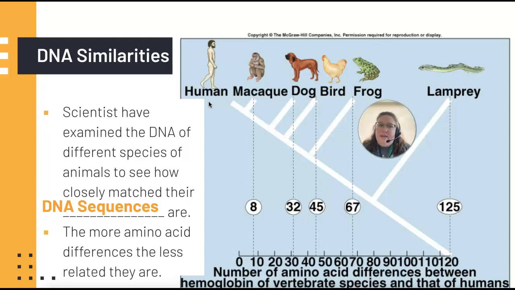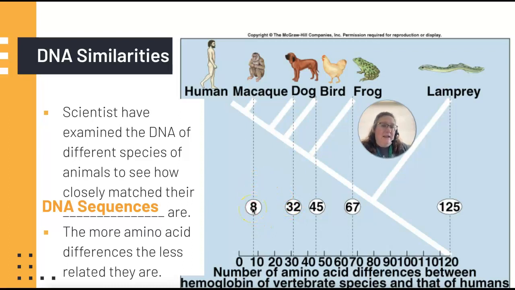Meaning, if we had a common ancestor, it would have been back more than 65 million years ago kind of thing. Frogs, we actually share about 67 amino acid differences between us and frogs. Still a lot, right? And notice birds are a little bit less, dogs are a little bit less, and macaques are quite a bit less.